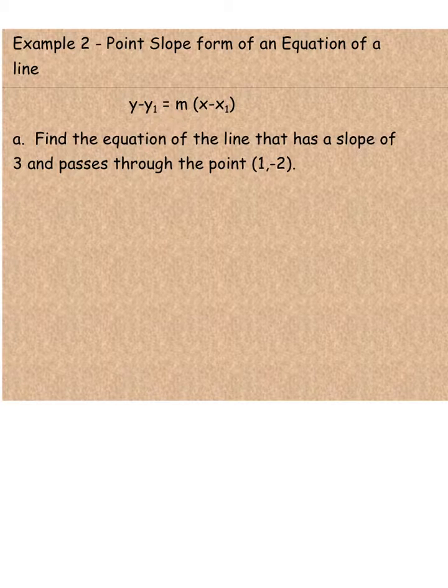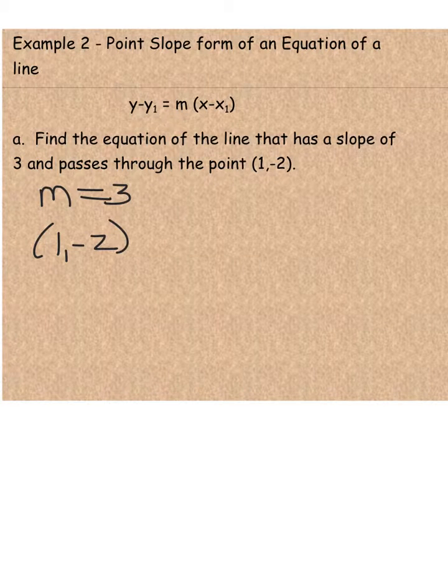Here we want to look at the point-slope form of an equation of a line, which is y minus y1 equals m times x minus x1. In our example, we want to find the equation of the line that has a slope of 3, so therefore our slope m equals 3, and through the point (1, -2). That's going to be our x1 and our y1.